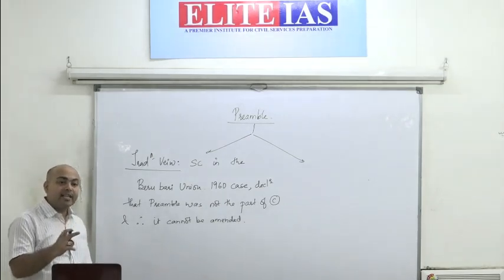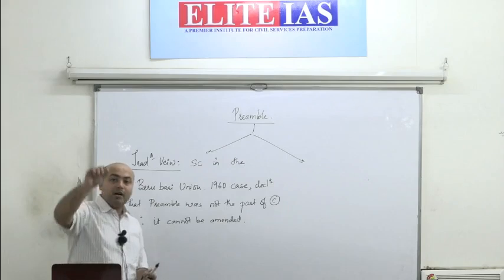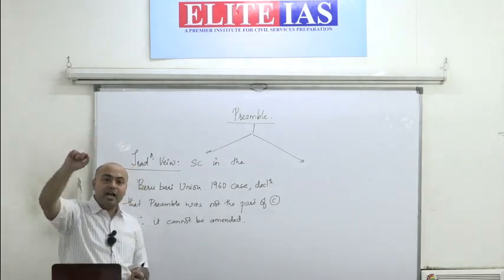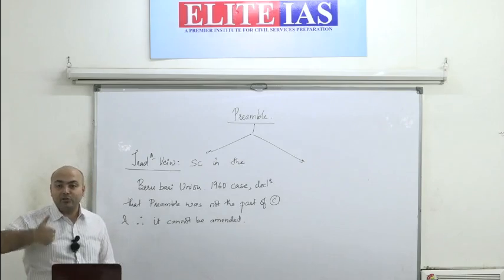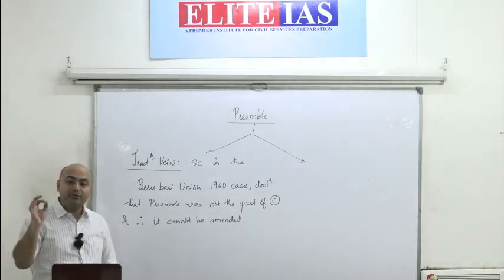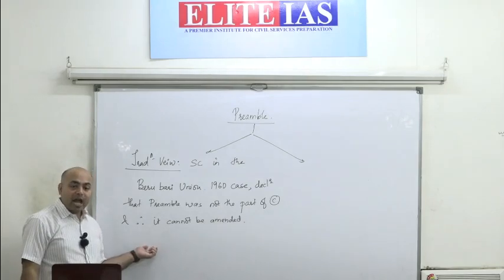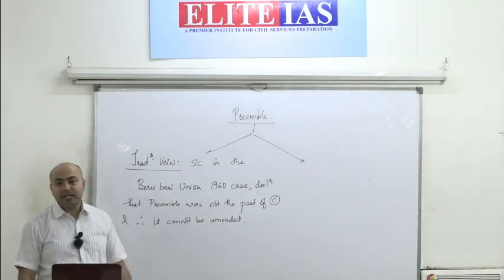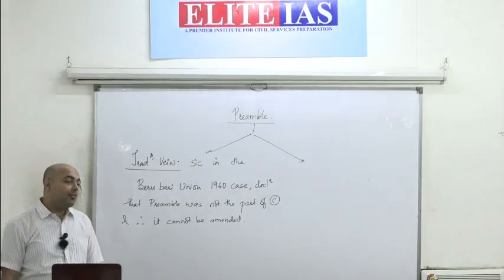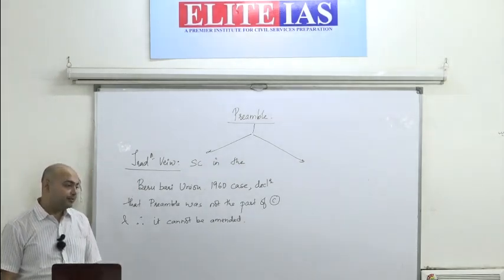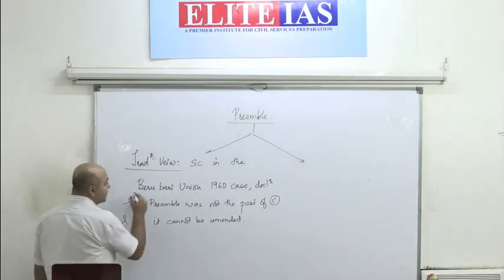And because it is not a part of the constitution, the provisions under Article 368, with respect to the power to amend the constitution, are not applicable to the preamble. That is the very reason why you cannot amend the preamble. Clear?